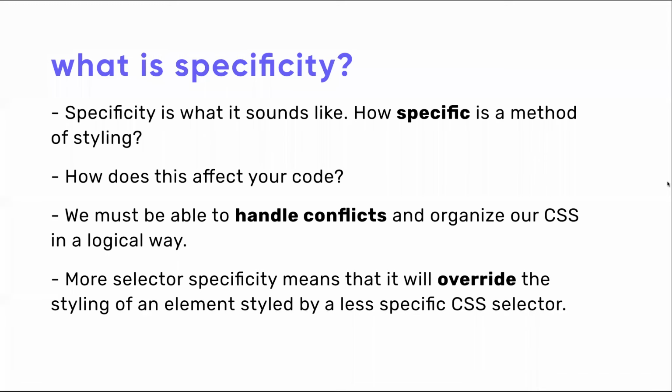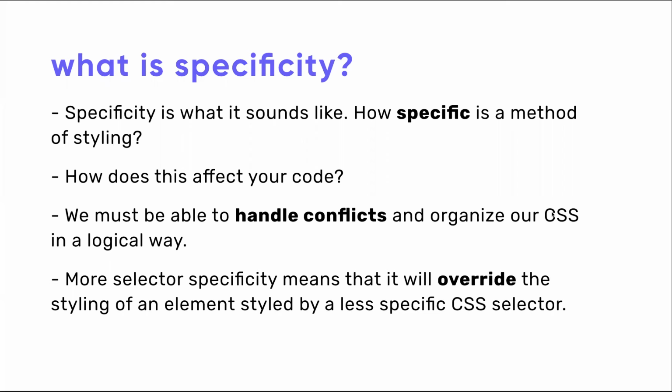All right, so again, specificity is what it sounds like. It's essentially describing how specific a method of styling is, right? And also how does this affect your code? We must have a way to effectively handle conflicts in a very objective way and to organize our CSS, right? So selector specificity is just a fancy way of saying we have this number that is attached to a selector, right?